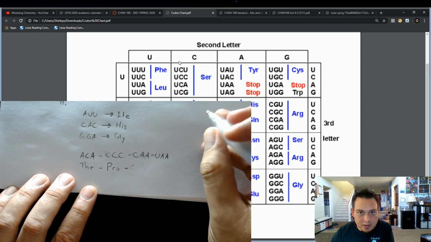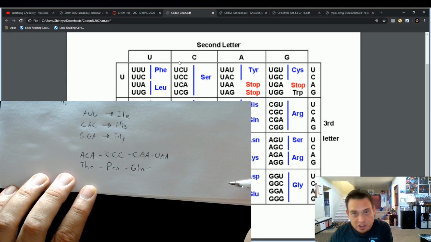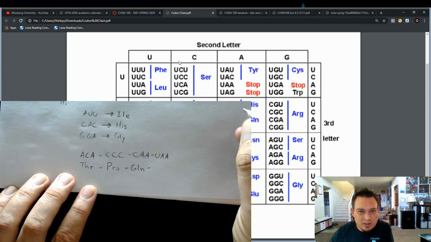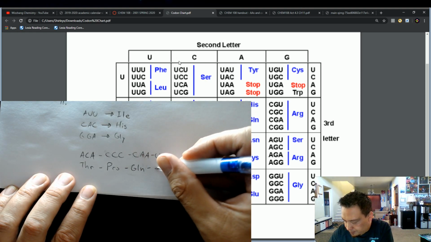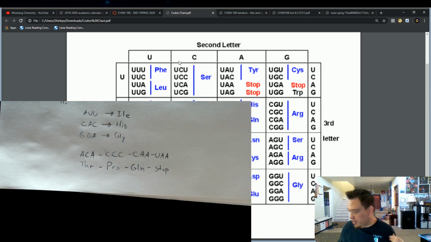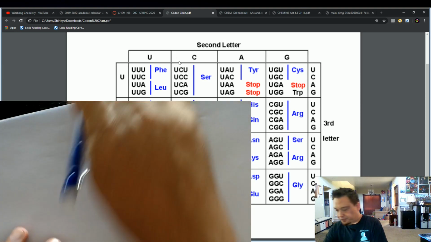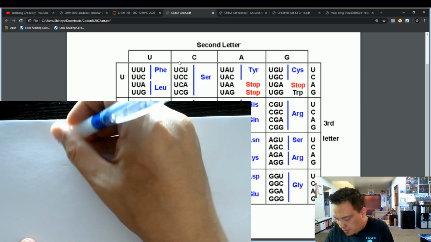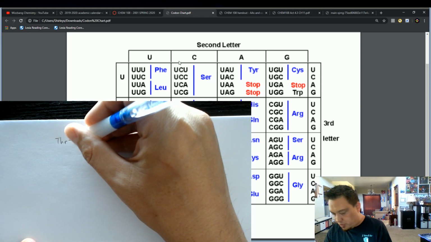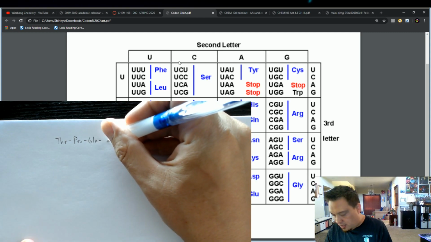CAA becomes glycine, and then UAA becomes stop codon. Yep, that's one of our stops. So we have a 3 amino acid sequence. So once again, we were threonine, proline, GLN, and then stop.